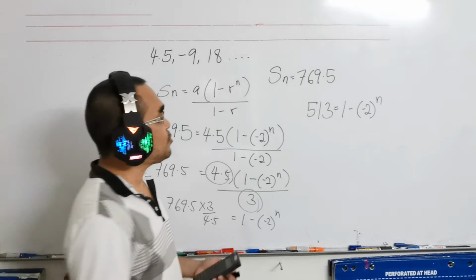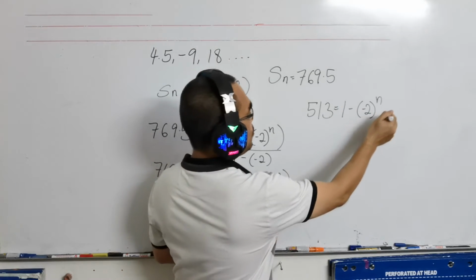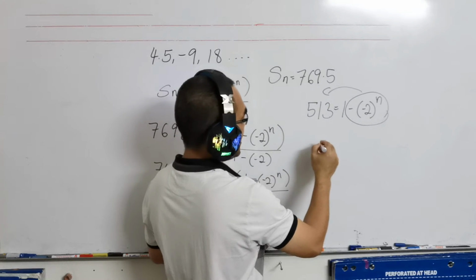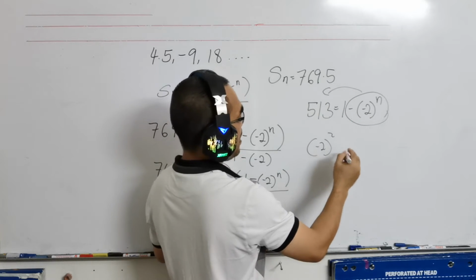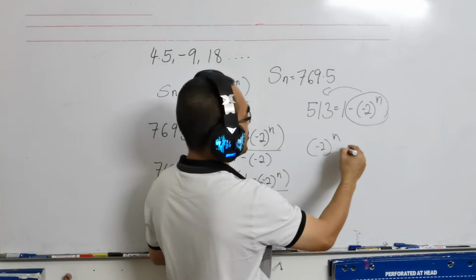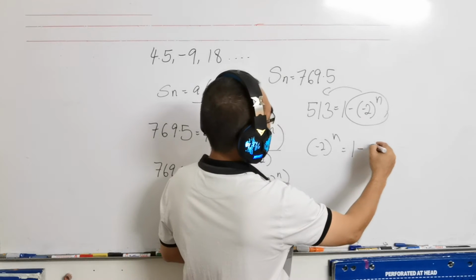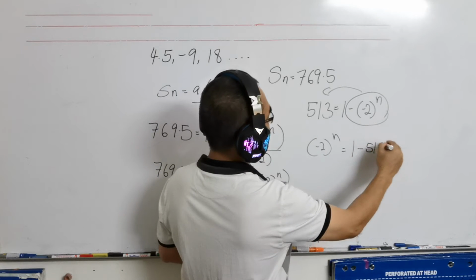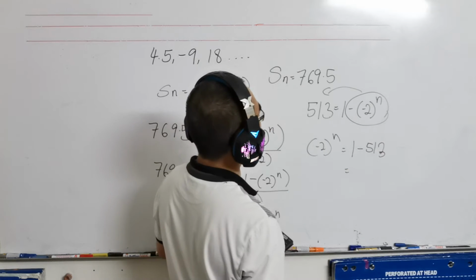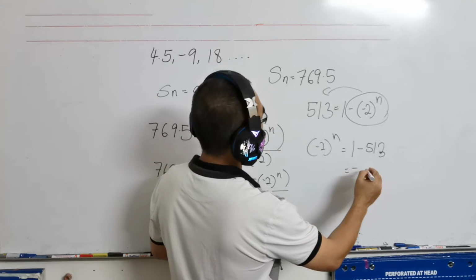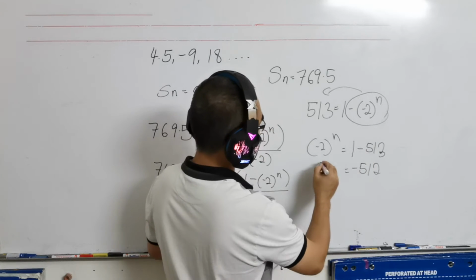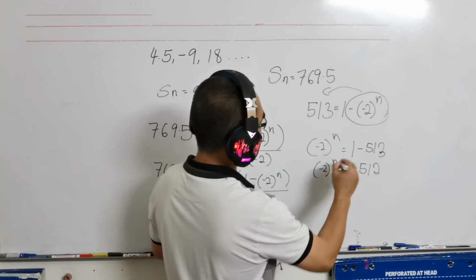So in order to solve this, I can move the whole thing to the other side. So it becomes negative 2 to the power of n. Because this is negative, when you move it to the other side, it becomes positive. So 1 minus 513, the answer will be negative 512.